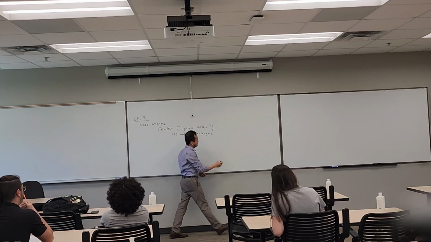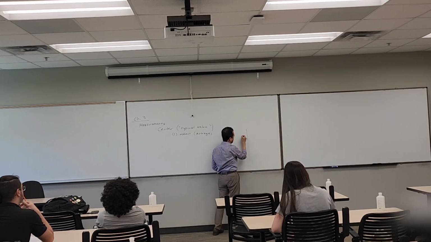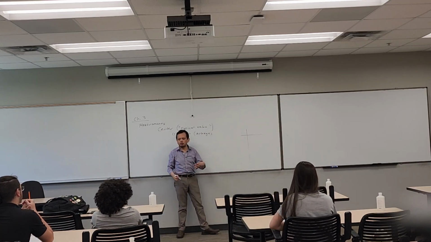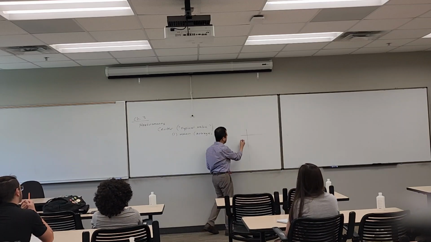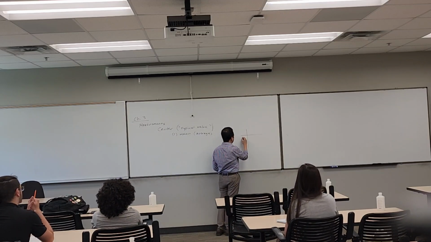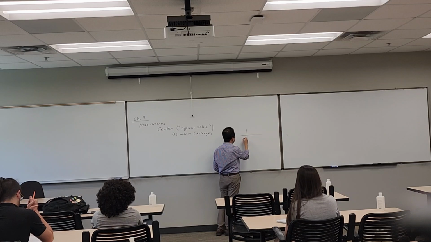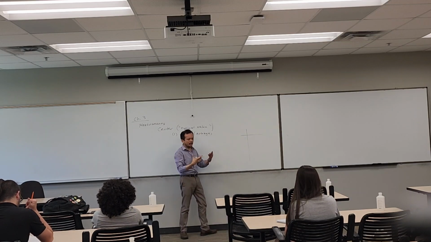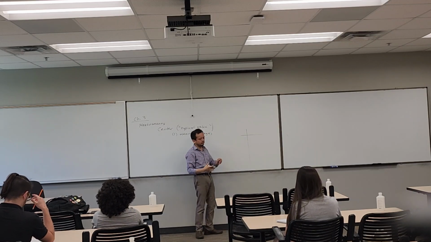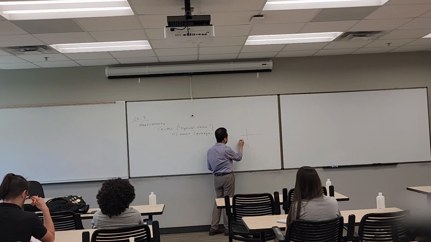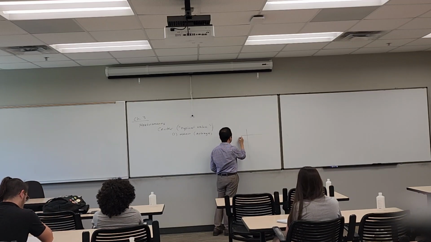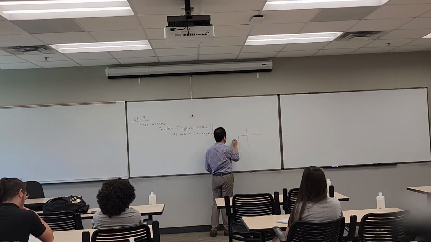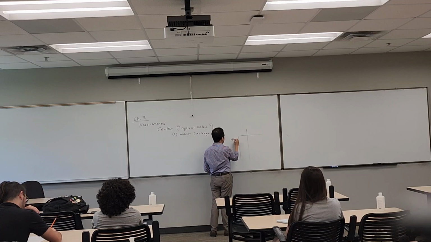But we said that if you have a situation where each number might be weighted differently, let's put it into context, something meaningful. Let's say that we have grades for a class, and let's say that we have homework, midterm and final.